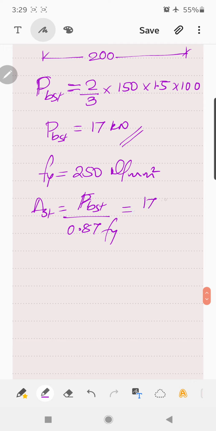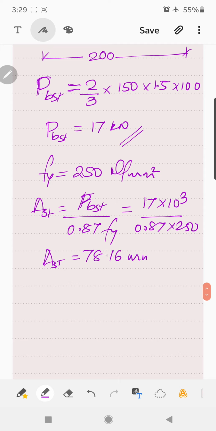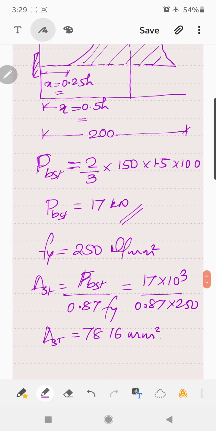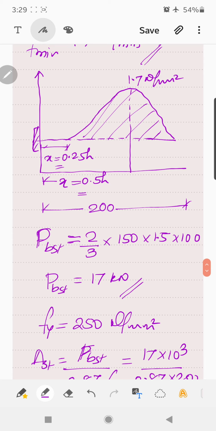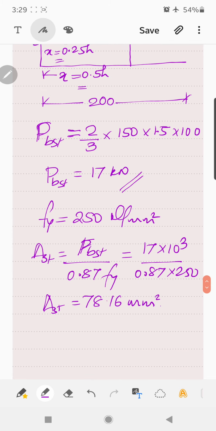So 17 into 10 to the power of 3 divided by 0.87 into 250, you will get area of steel as 78.16 mm square. You can convert it to number of bars and provide at the end portion of the beam, whose length is equal to the depth of the section. So this is the design.